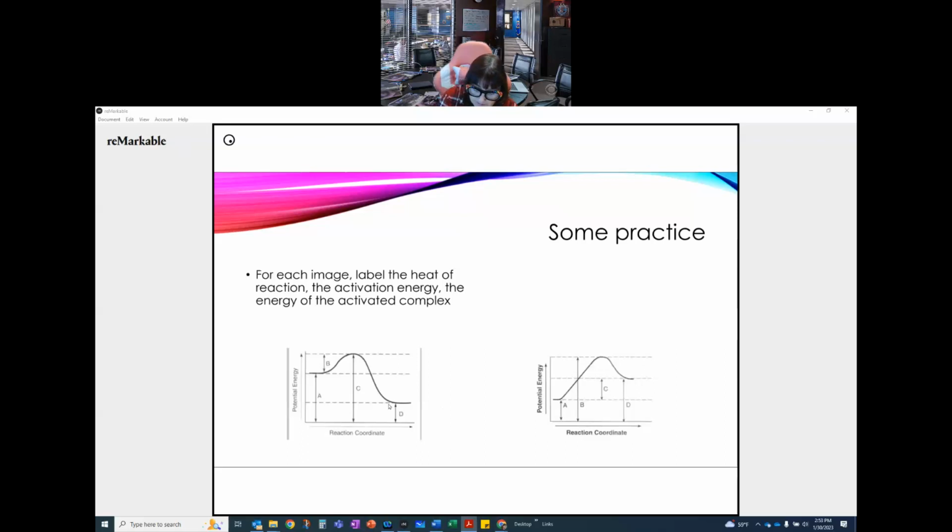So if I were to find the heat of reaction, it's equal to A minus D. Okay, so the difference between those two.